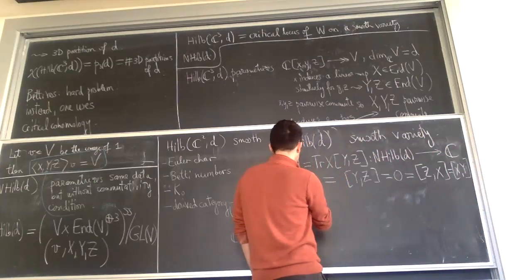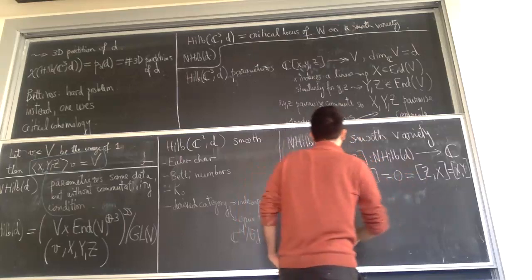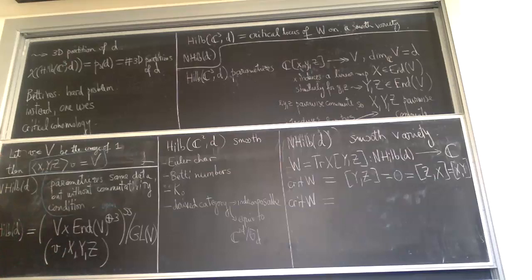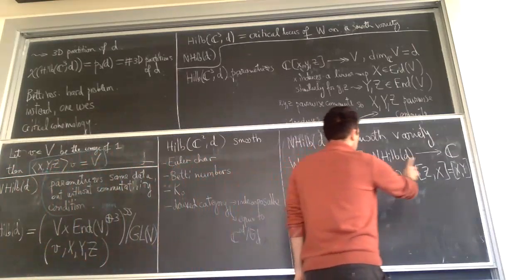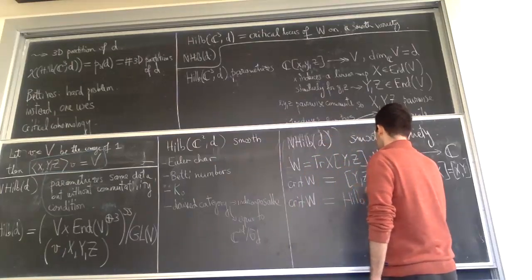So what will happen is that the critical locus of W is the sublocus of tuples (v, X, Y, Z) with the property that v generates the full vector space V under the action of X, Y, Z, and now we also have this condition that X, Y, and Z pairwise commute. So it will be Hilb C3 D.